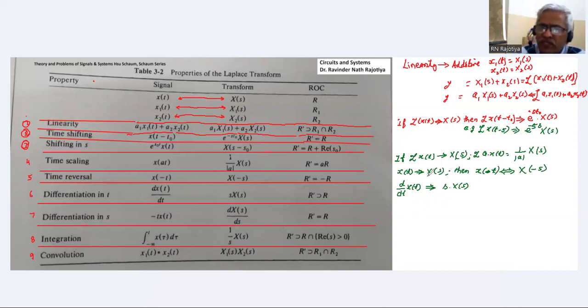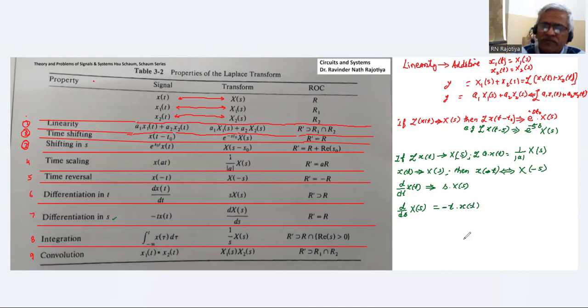Differentiation in the s domain: similarly, if x of t leads to x of s in the s plane, and if you differentiate in the s domain, that is d by ds of x of s, then in the time domain this will be equal to negative t into x of t.